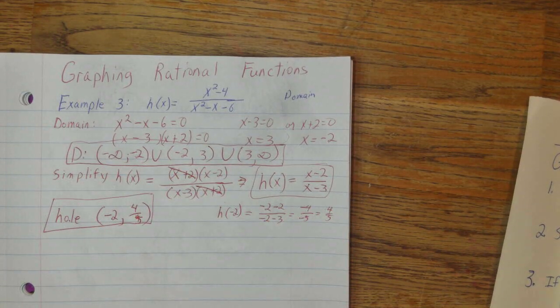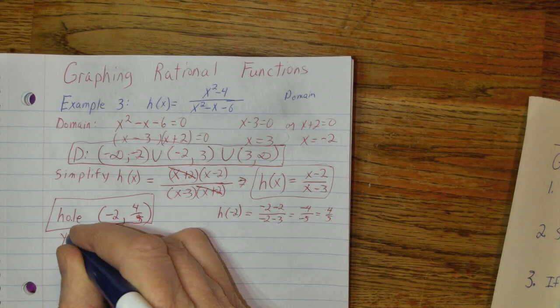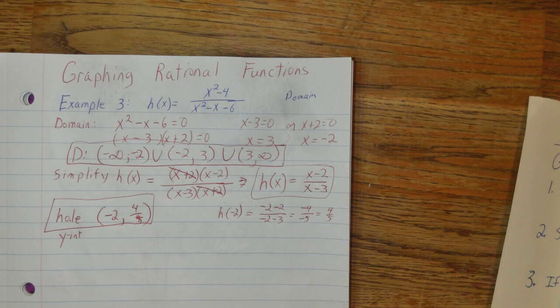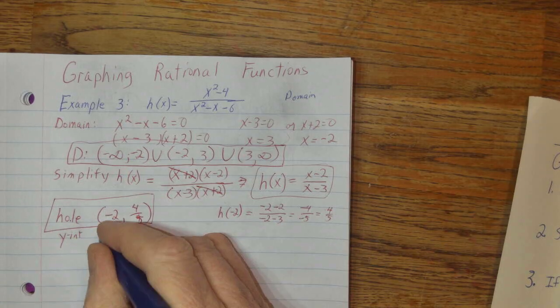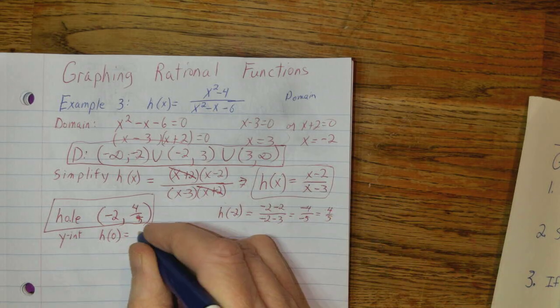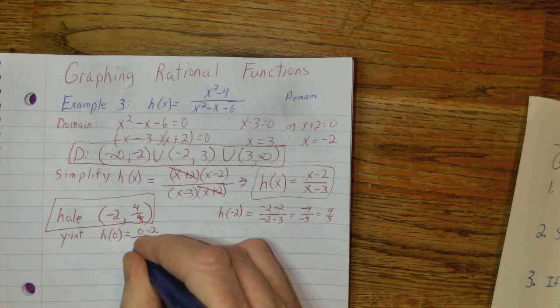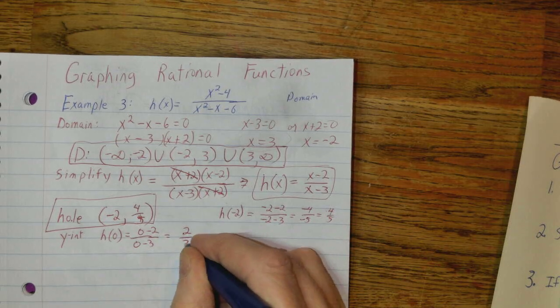All right, the Y-intercept. We're going to find the Y-intercept by taking h of 0. So that is 0 minus 2 over 0 minus 3, which is negative 2 over negative 3.